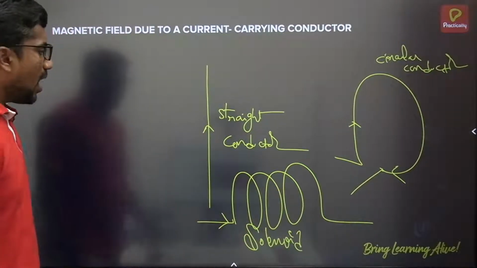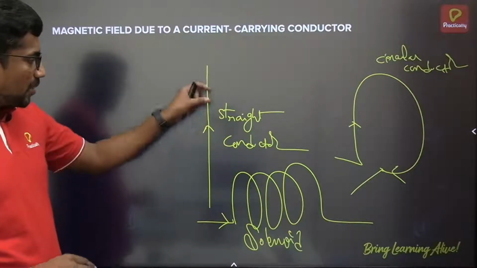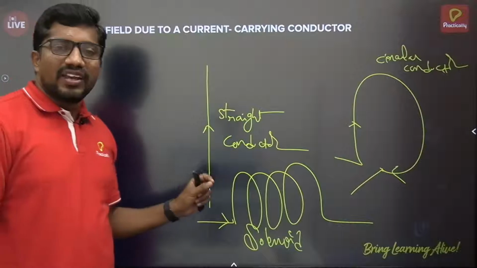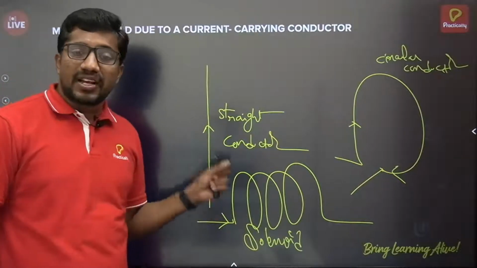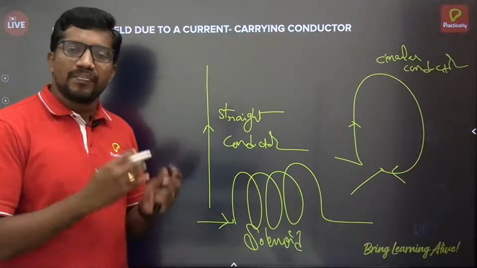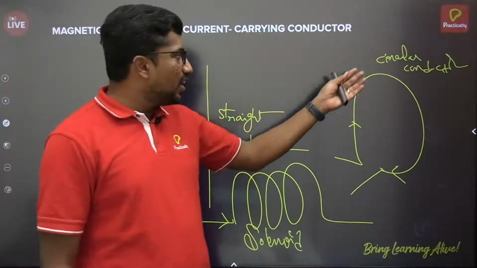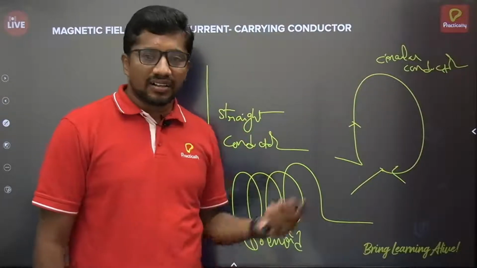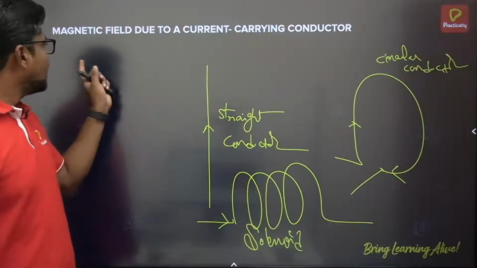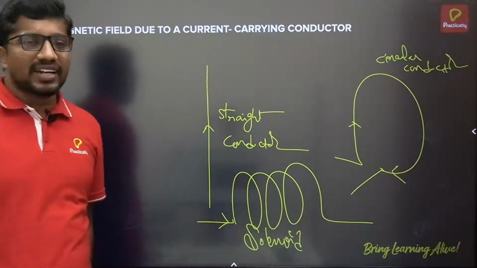So our observations have to be made based on these types of conductors: how the magnetic field lines will be for a straight current carrying conductor, how they will be for a circular conductor, and how they will be for a solenoid. That's what we are going to observe. Magnetic field due to a current carrying conductor.